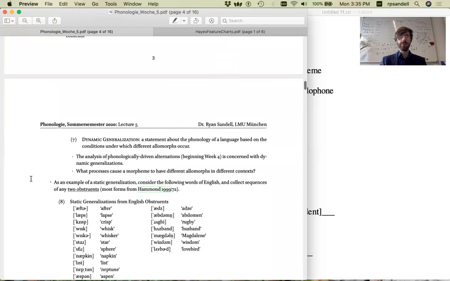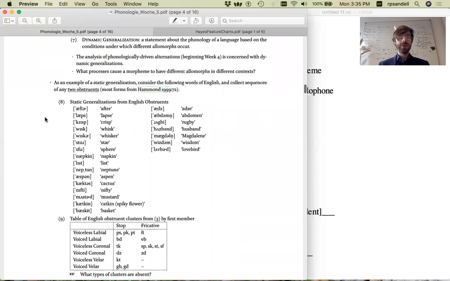Now, to explicitly contrast how static and dynamic generalizations can be used in trying to discover the phonological processes of a language, let's first look at some data from obstruents in English. So here we have some essentially monomorphemic words of English, so words that cannot, for the most part, be divided up into two or more morphological components.